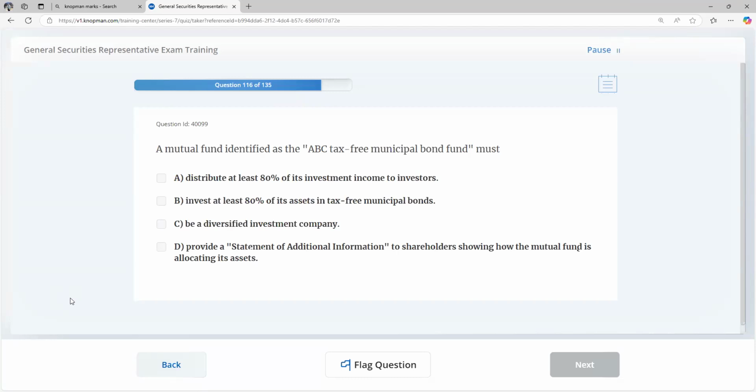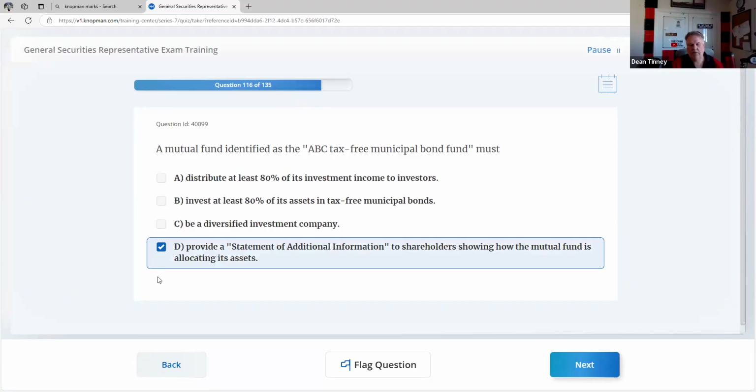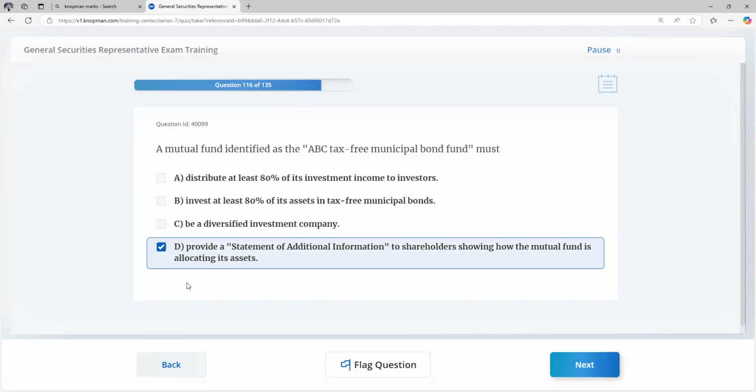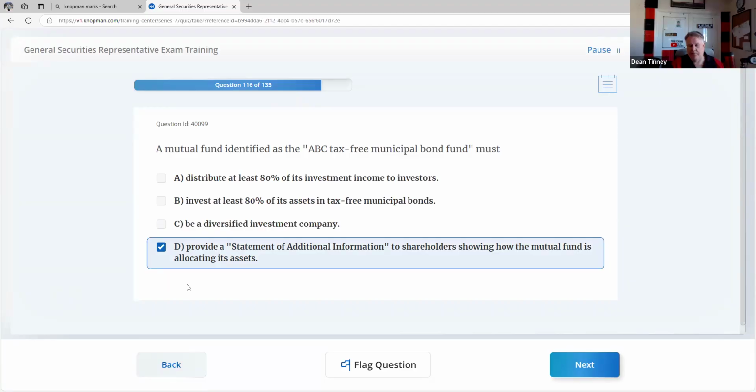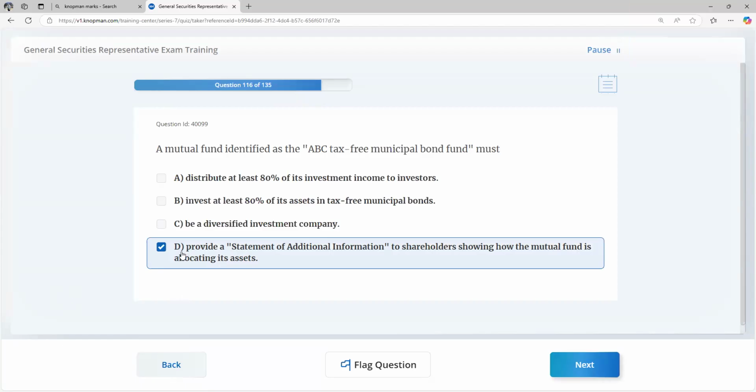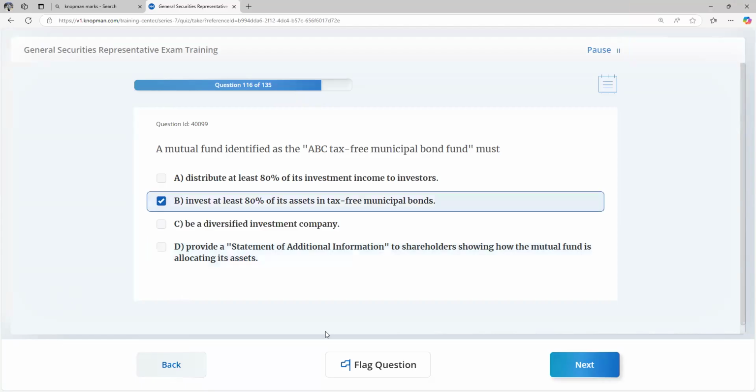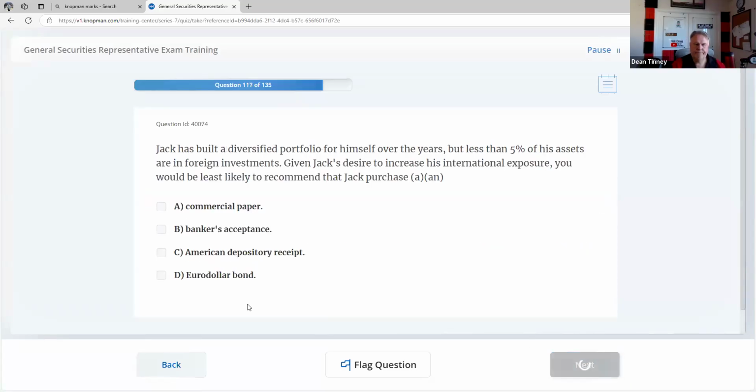I'm kind of liking D, the statement of additional information, but I also like B. I'm going for B. I'm not sure I'm right. Most of the time if we call a mutual fund by its name, we go B too. Now that I'm thinking about it, I don't think that a bond fund needs the statement of additional information.